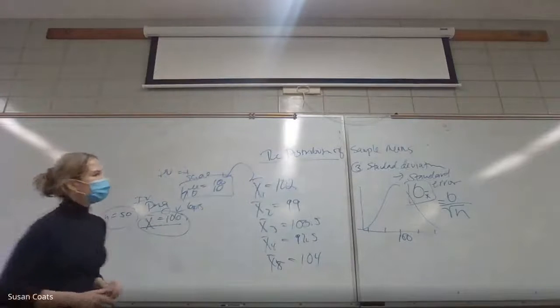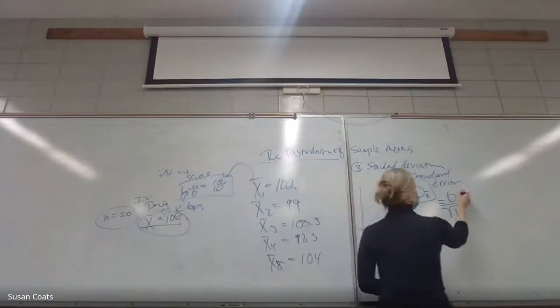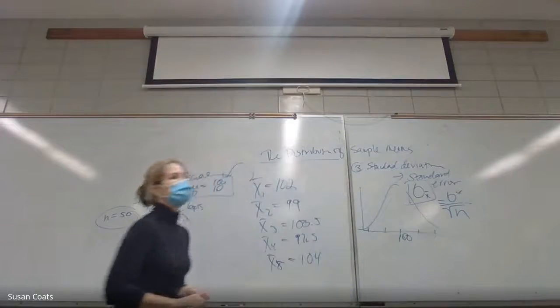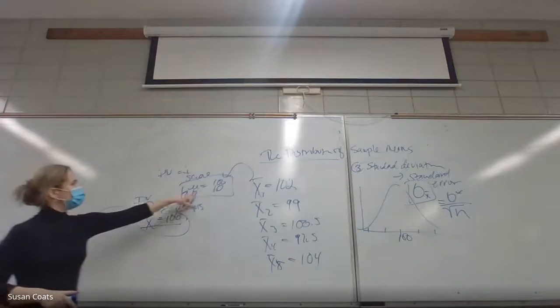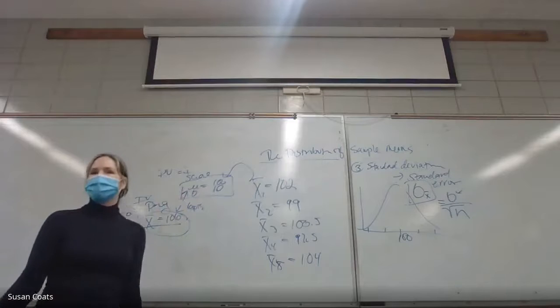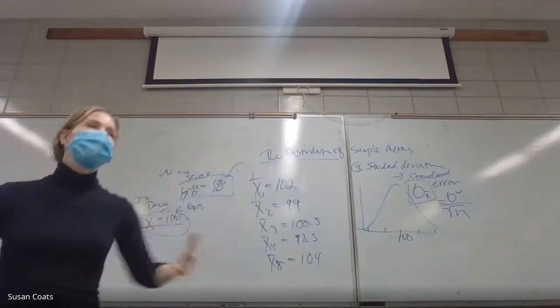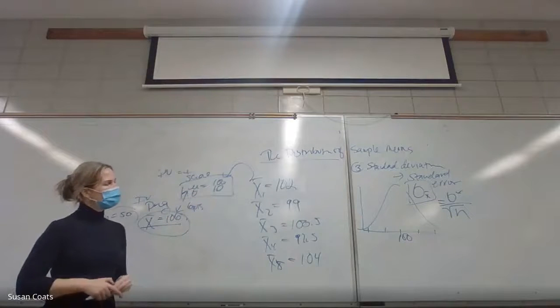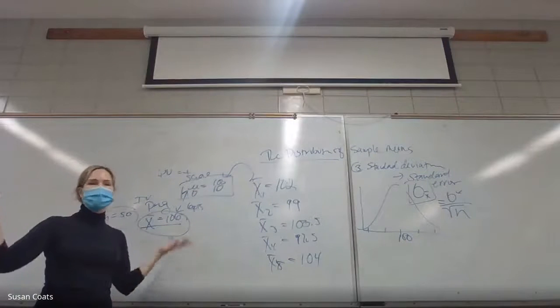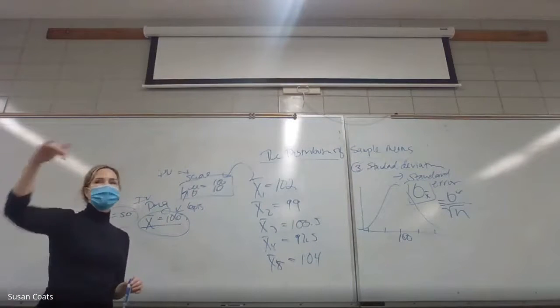Okay, the second characteristic that affects our standard error is the standard deviation in the population. So that little sigma, that standard deviation, is a population parameter, so it's a population standard deviation. In this case, that was 10. So it's a measure of variability. How much do the scores in the general population vary?